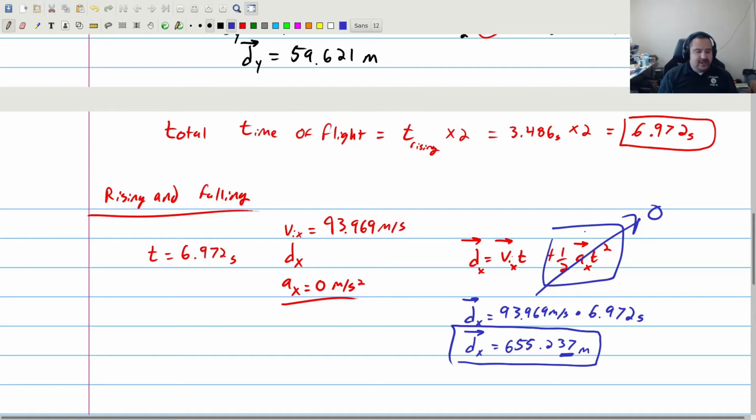I tried to keep my digits exact as I could. So even though I was writing 93.969, I actually used the number in the calculator, which was 93.9692620785991. And when I did that, I also used as close to the exact time as I could. And I do that in order to try to keep my rounding error from getting bigger.